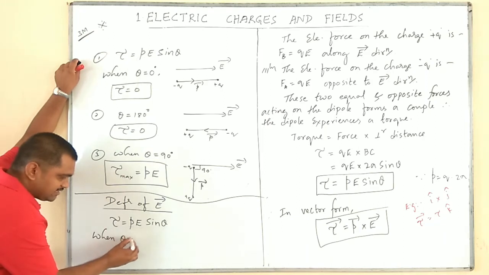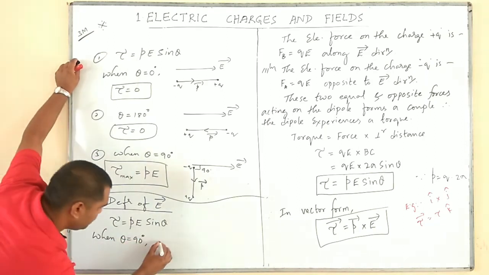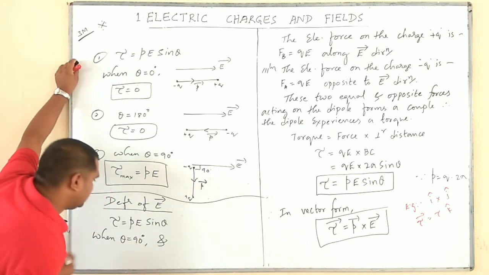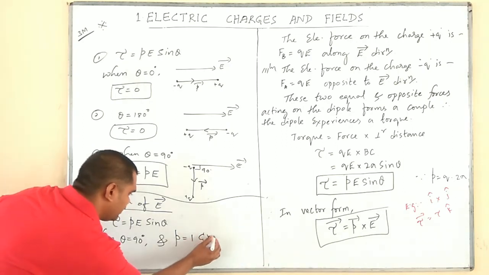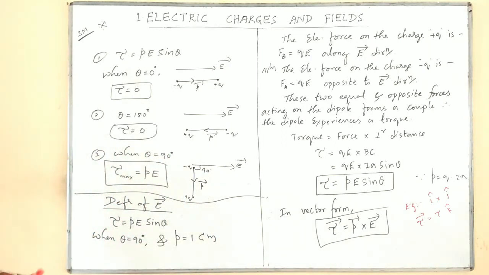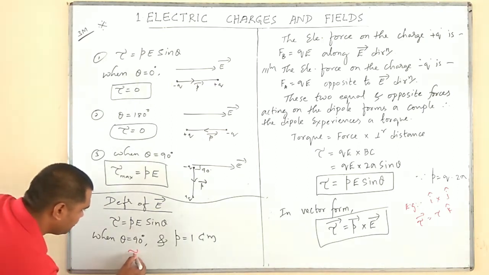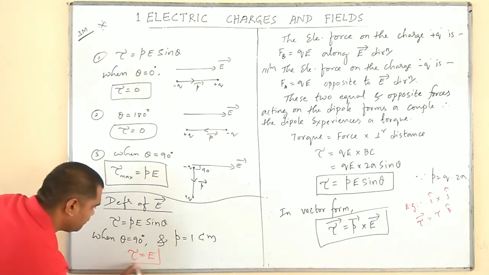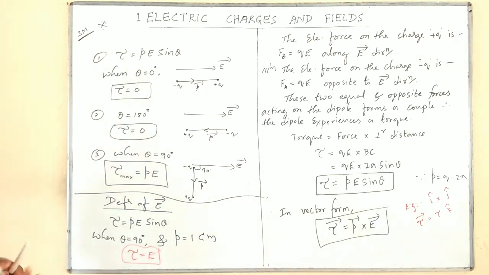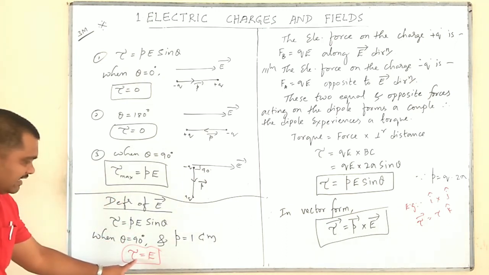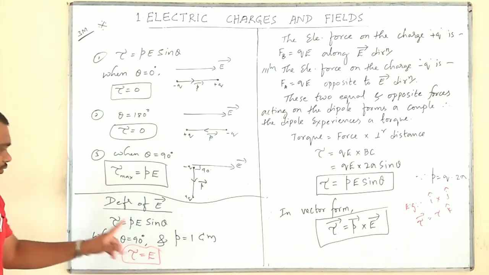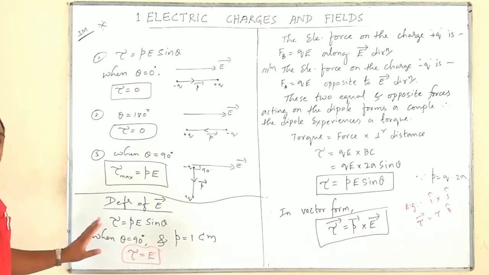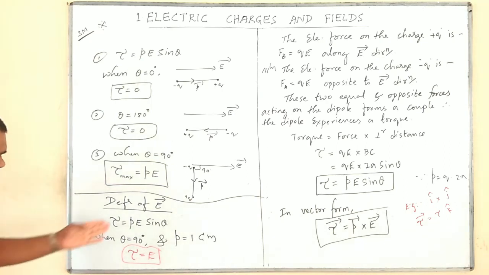When theta is equal to 90 degrees and P is equal to 1 coulomb meter, tau will become E. By observing this, electric field is nothing but the torque acting on an electric dipole of dipole moment 1 coulomb meter when it is placed in a uniform electric field at an angle of 90 degrees. Like that, we can define this E.